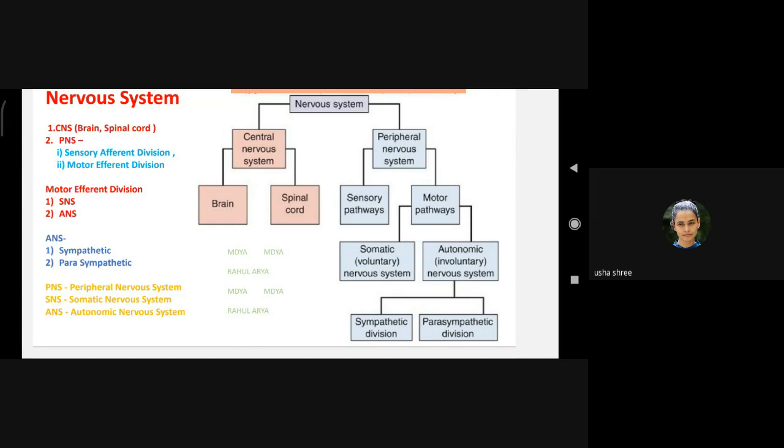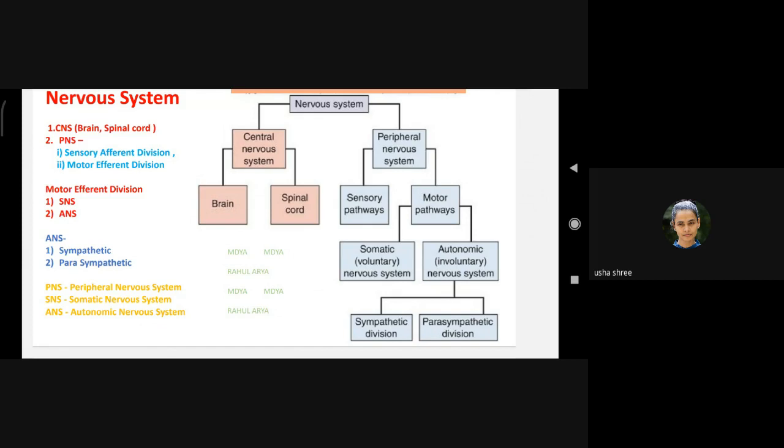Now your body will respond according to your habit. Motor pathways are acting, but it depends on voluntary and involuntary. If you have to fly away or kill the mosquito, it is under our voluntary control. Okay, so it is somatic. Which one is voluntary, that is somatic, and which one is involuntary, that is autonomic.